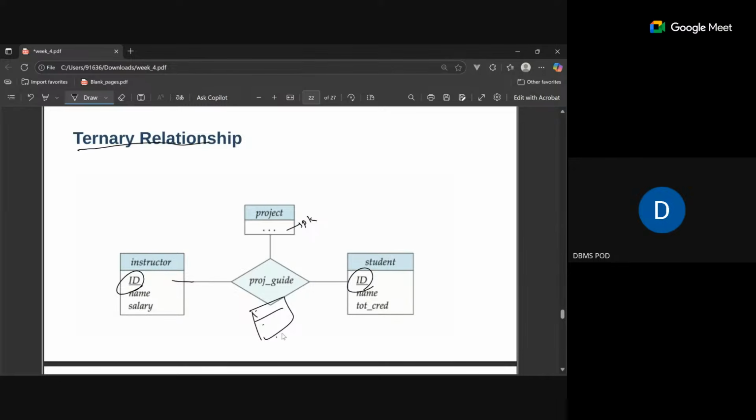All these additional things you can store here. But these three were mandatory for the intermediate table. Is this clear?